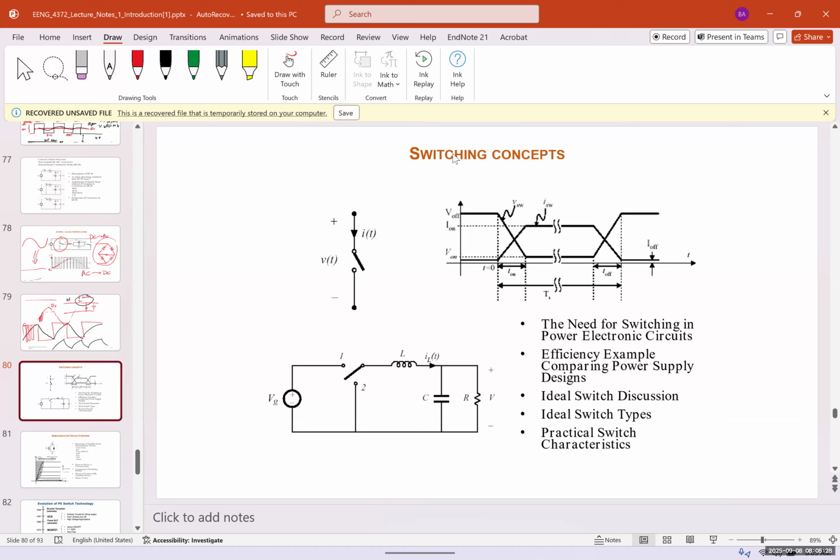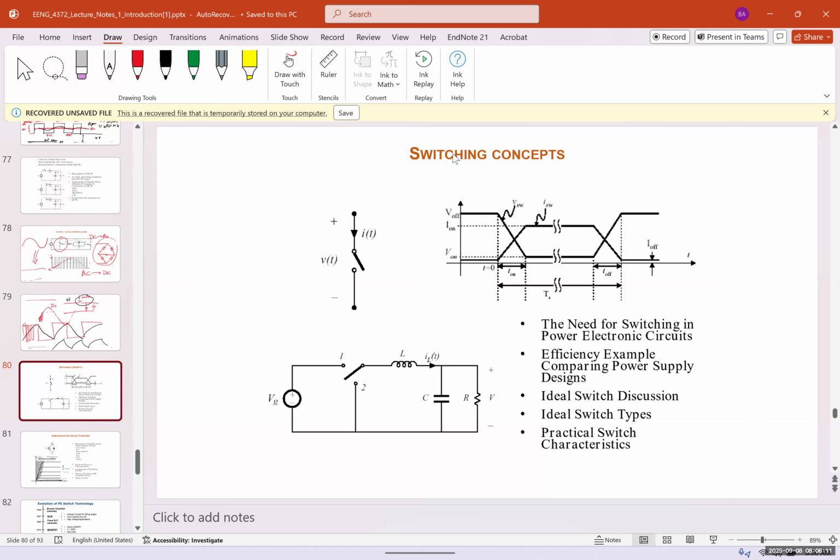So, the need for switching in power electronics, as I mentioned, is a big part of power electronics. I would say 50% of this course is about learning the switching concepts and different switching equipment. We will start with that, and some efficiency examples comparing different power supply designs with different elements like transistors, an op amp, a diode, a thyristor, and so on.